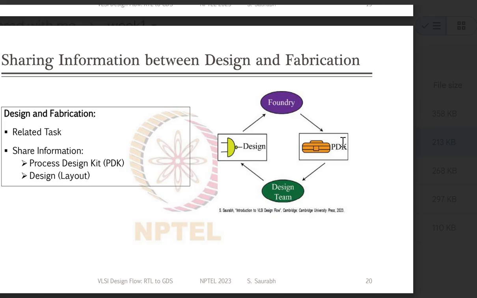The requirement of the foundry, the kind of chip that is needed and the standard cells that are needed to make that chip, are there in the PDK file, the process development kit. It contains various standard cells and libraries through which we are going to make our design.